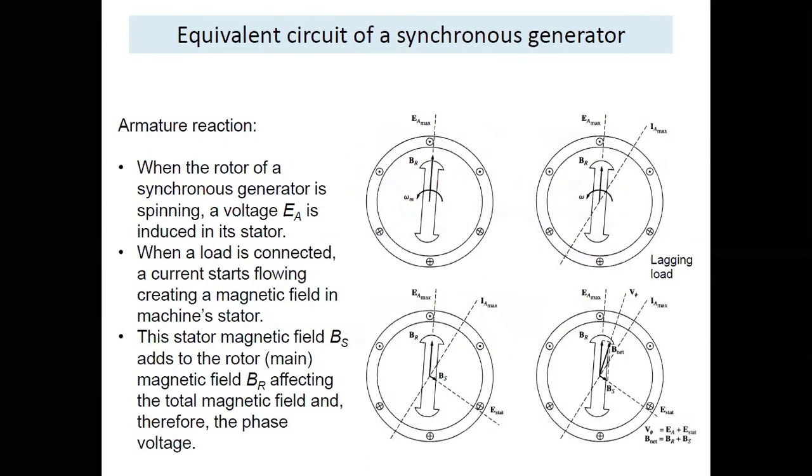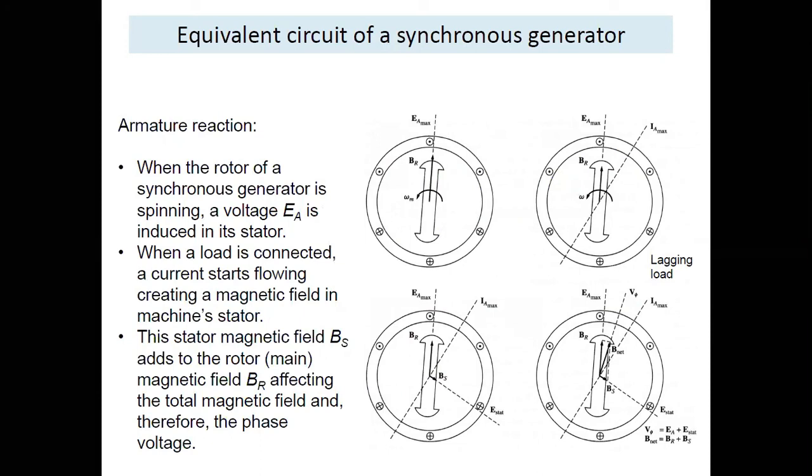Now, as you have studied armature reaction in the earlier part, I will just revise the things which are really important for this unit. Armature reaction is the interaction between the stator field and the rotor field.